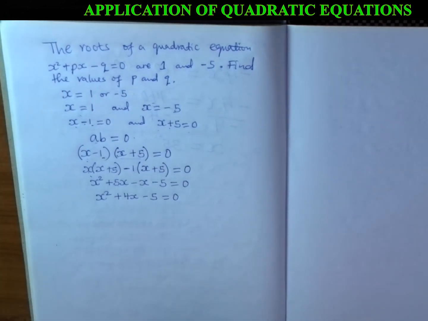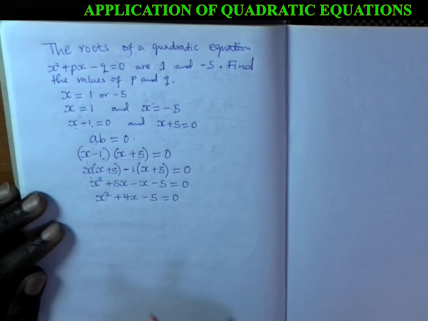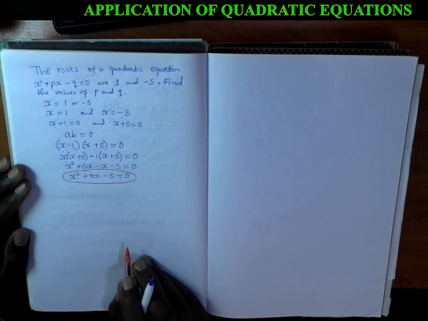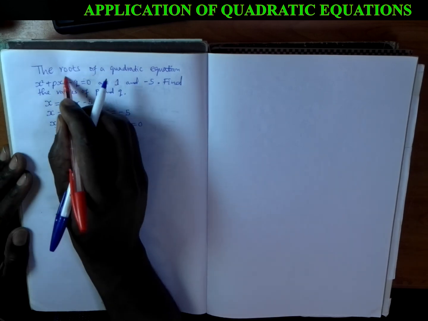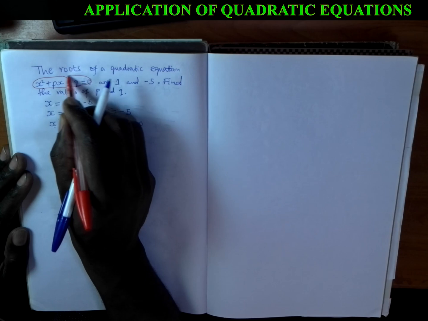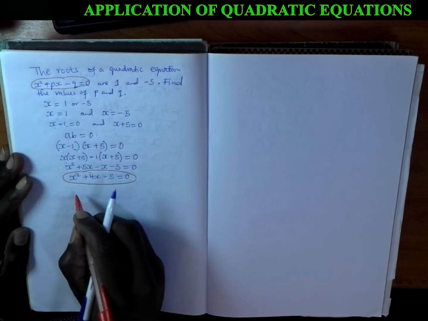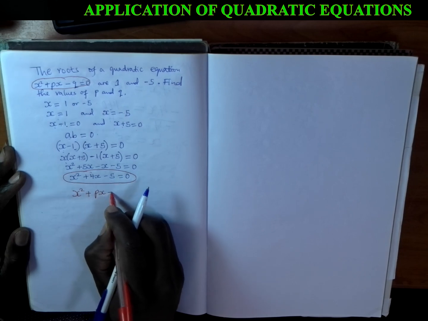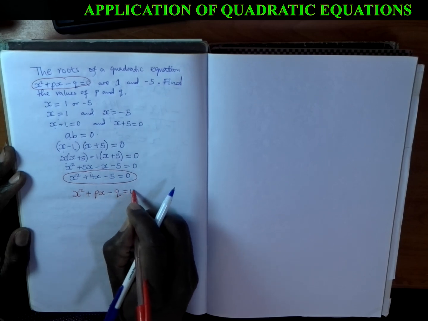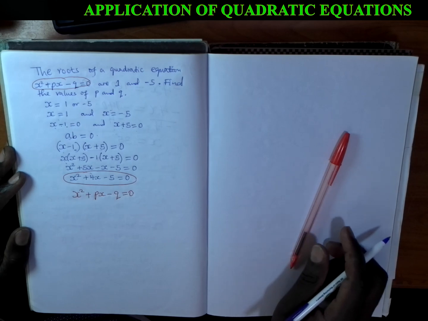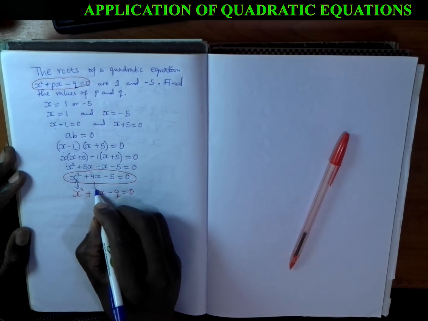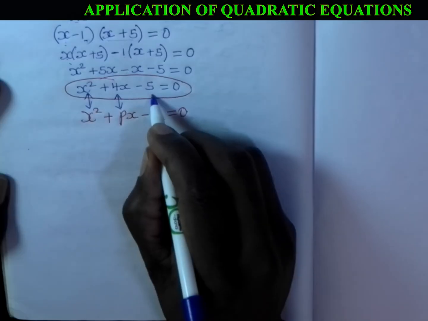Now we need to compare this quadratic equation and the other one given at the top, which is x squared plus px minus q is equal to 0. So we compare the corresponding terms.